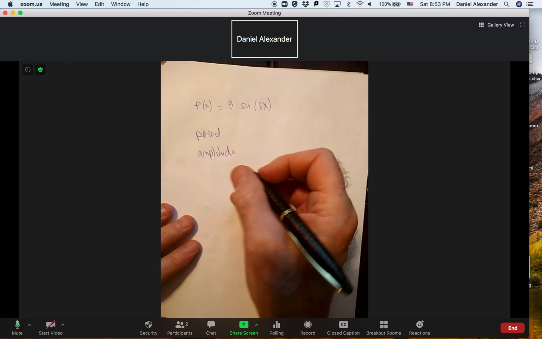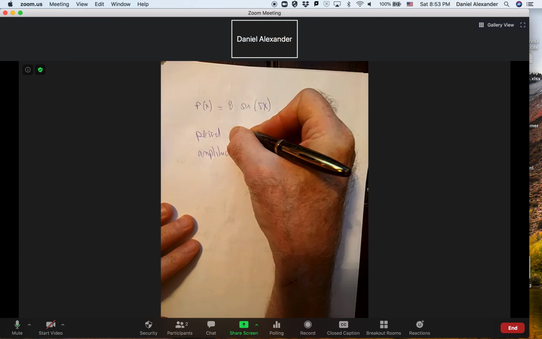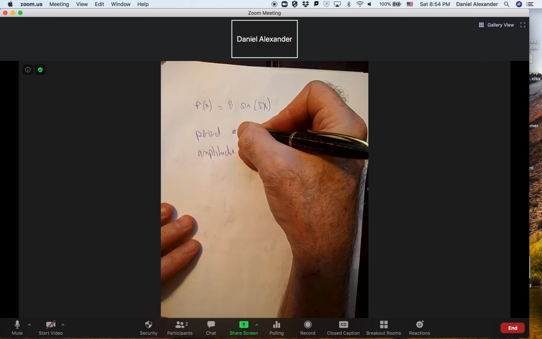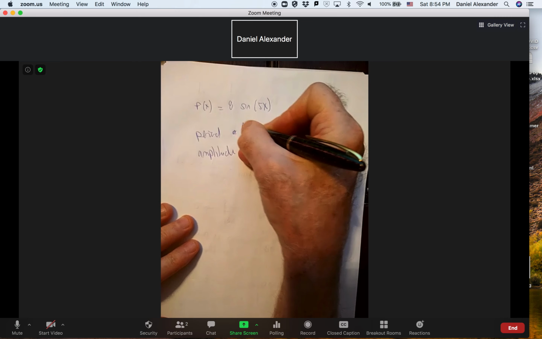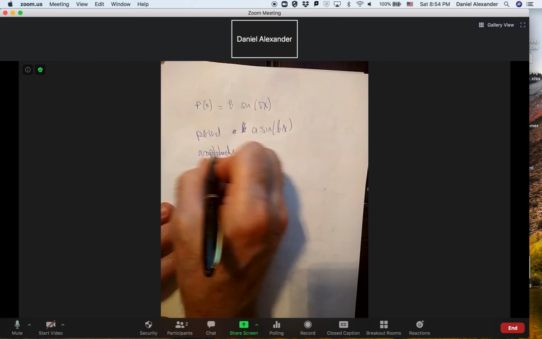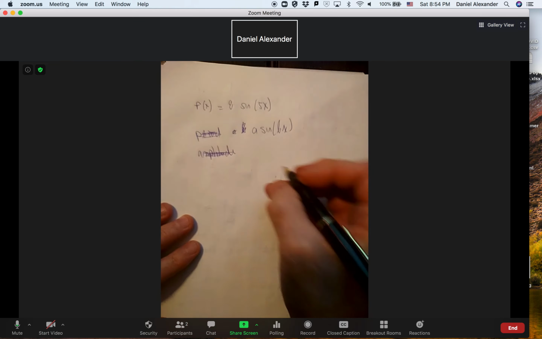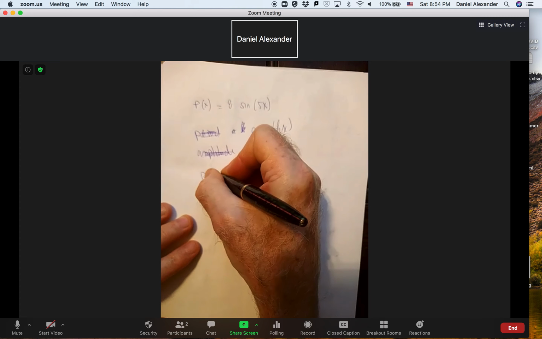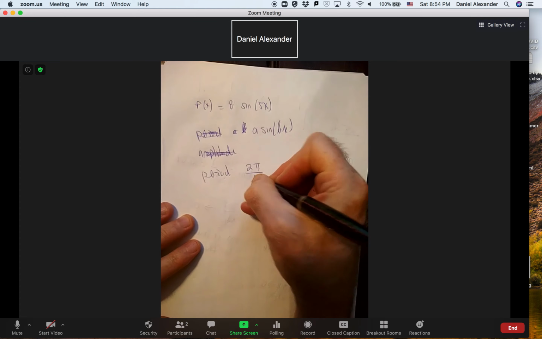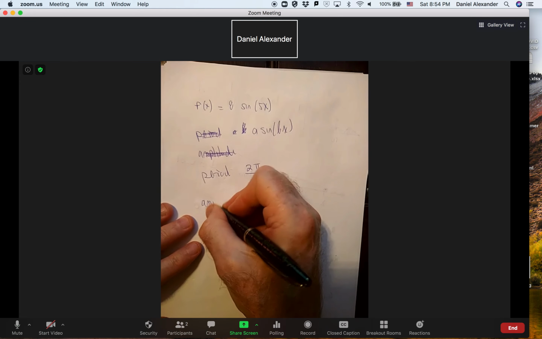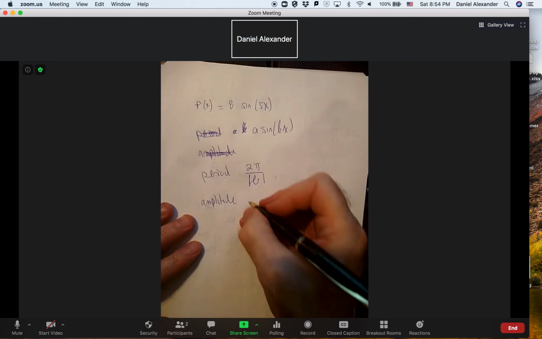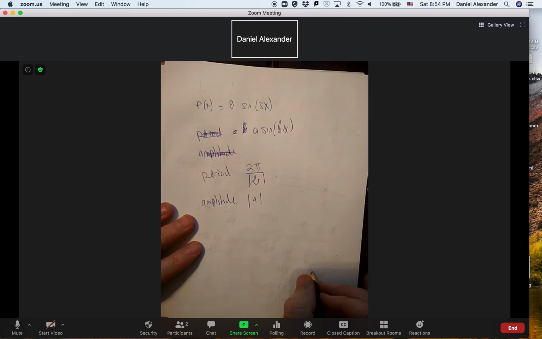So you remember, if the graph looks like a sine of bx, then the period is going to be 2 pi over the absolute value of b, in case b is negative, and the amplitude is going to be the absolute value of a.